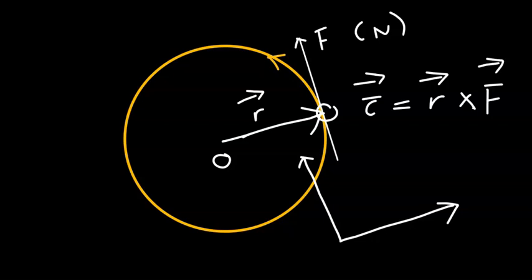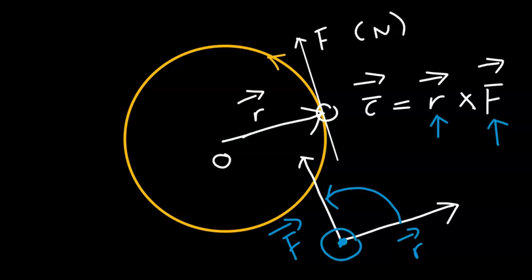And if you curl your right hand fingers from vector r to vector F, because vector r is the first vector in that cross product and F is the second vector in the cross product, your thumb will be pointing out of the plane. So the direction of this torque in this case is out of the plane.